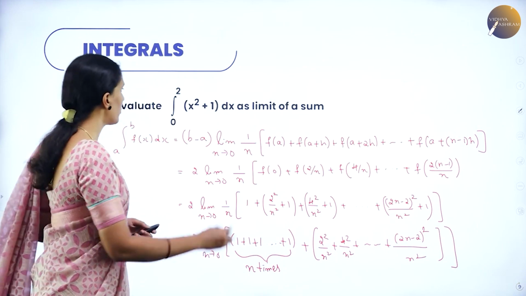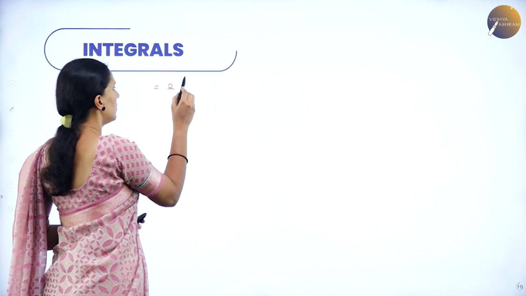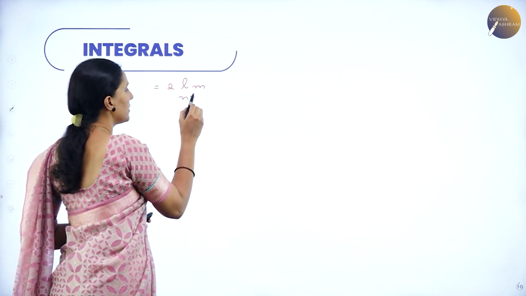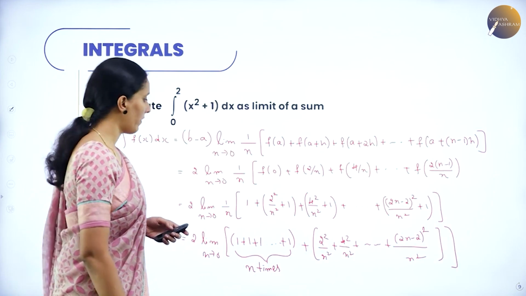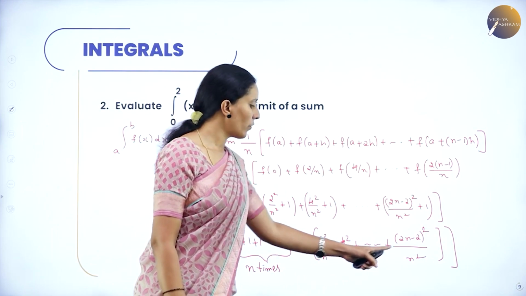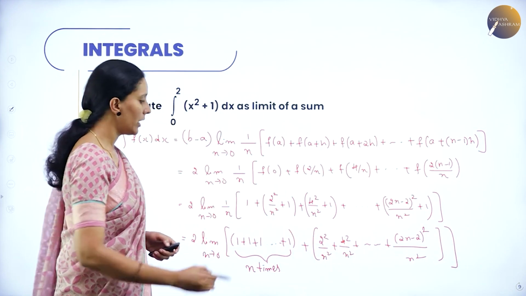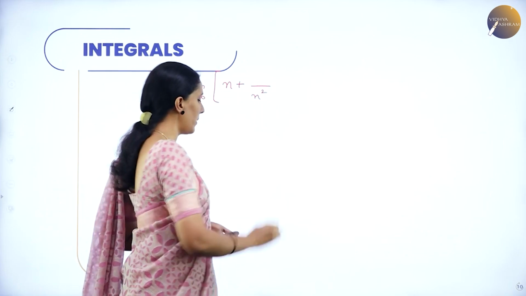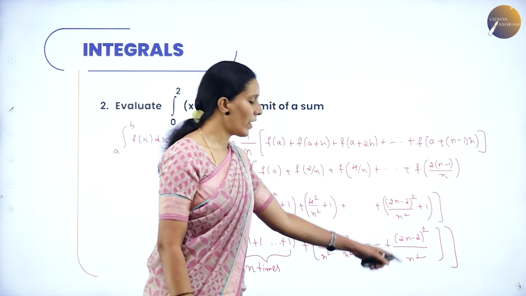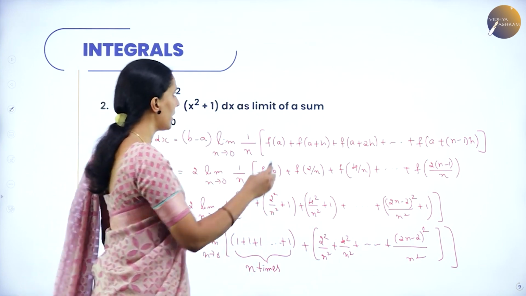So next we are going to write here 2 into limit as n tends to 0. Since 1 is repeated n times, we can take n as a common factor. Observe here n square is common in the denominator. Take it out, so we have n square in the denominator. Also we have 2 square as a common factor in the numerator. Take it outside.